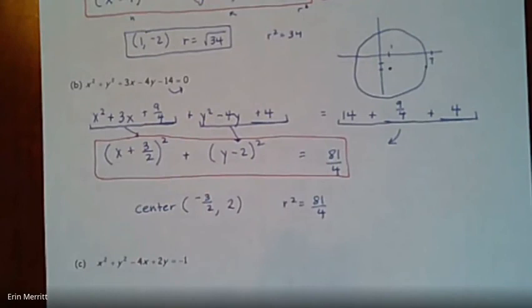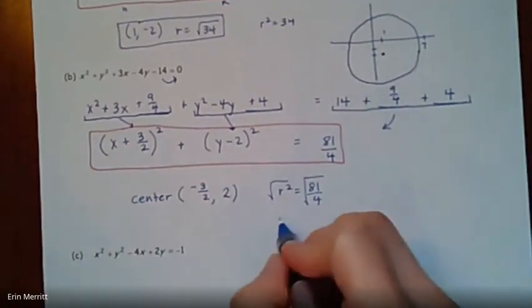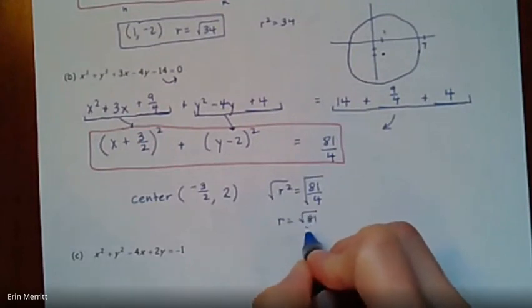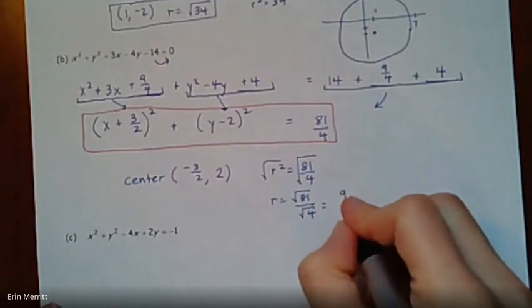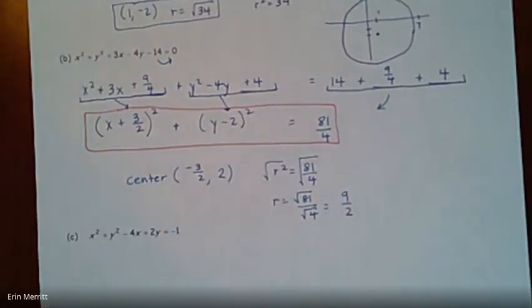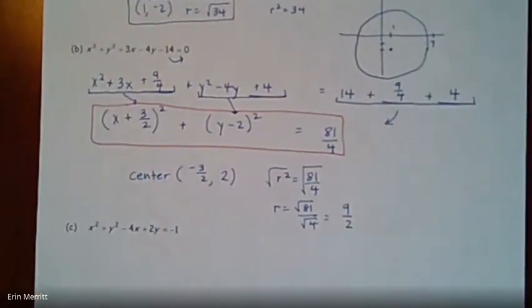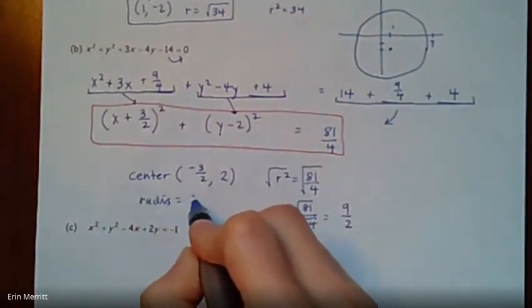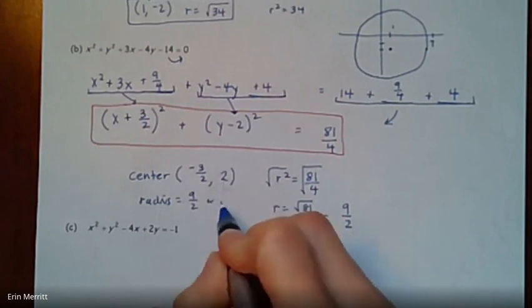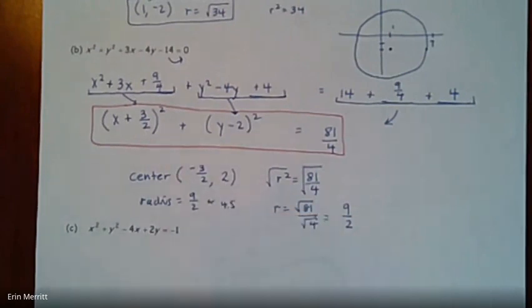Here's why I like it in this form, because when you can take the square root of it, those are both perfect squares. I can break it up into 81 and then over radical 4 like that. Square root of each comes out to be 9 and then 2. So it comes out nice and pretty there. So then our radius is 9/2 or 4.5.